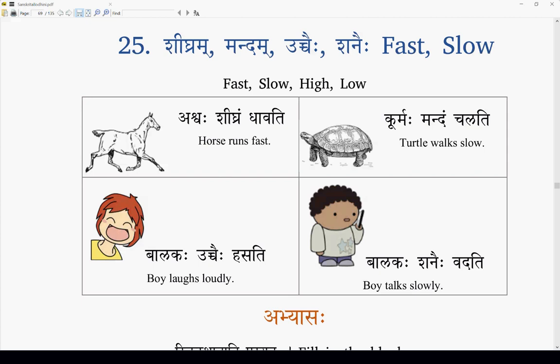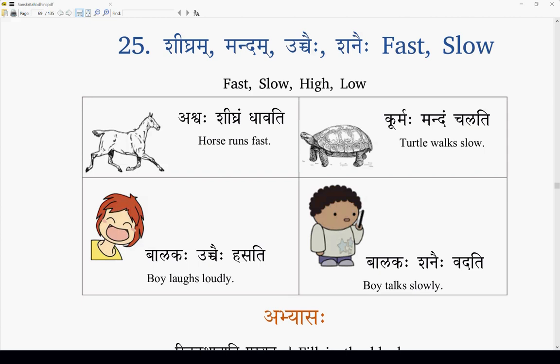But the Kriya Visheshanam, the word itself, could be an avyayam sometimes, or it may not be. For example, when we say atra ashvaha shighram dhavati, this is an avyayam, and balakaha uchchaihi hasati, this is also avyayam, uchchaihi. Let's say balakaha shanaihi vadati, that is also avyayam, shanaihi. But if we want to say the boy is talking beautifully, we can say balakaha sundaram vadati.